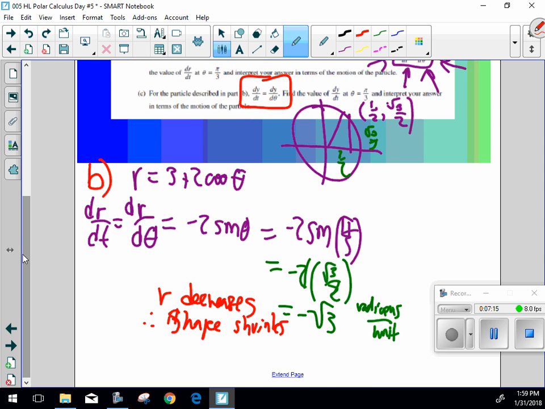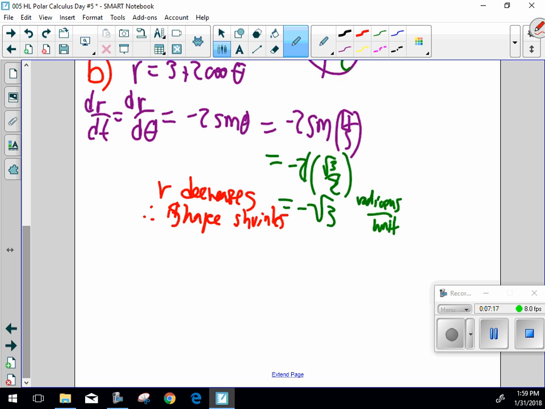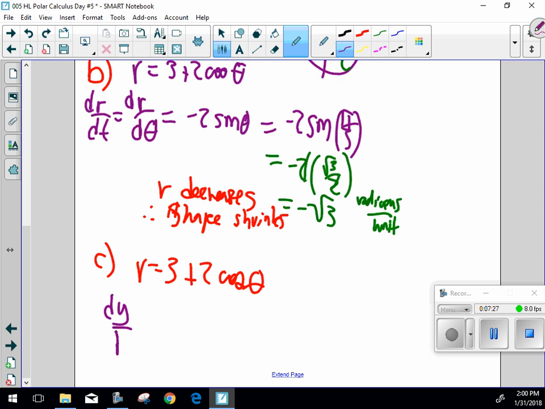So when we do this, we go, oh, okay. In part C, r is equal to 3 plus 2 cosine theta. And we're looking for dy dt. Let's do dy d theta first. Any idea of how you find dy d theta?